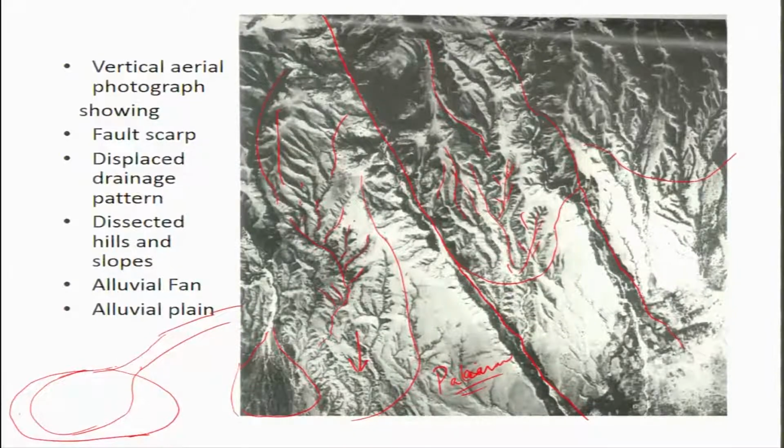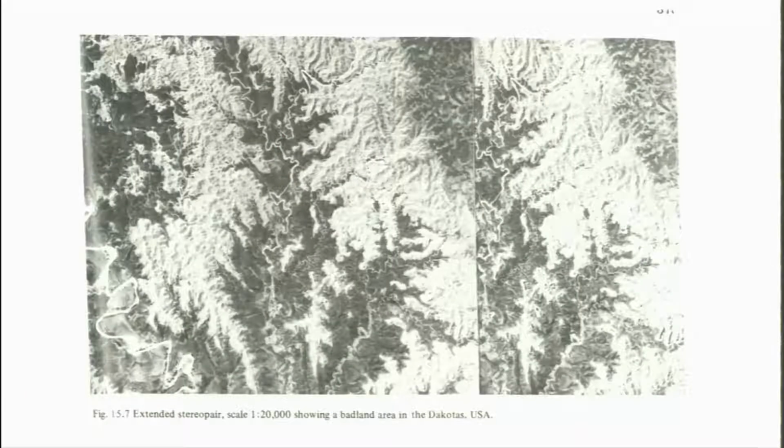Okay, we have another image, again an extended stereo pair. What is a stereo pair? When we take images of the same area by moving through an aircraft or a satellite, the two images which have about 60% overlap are called a stereo pair.